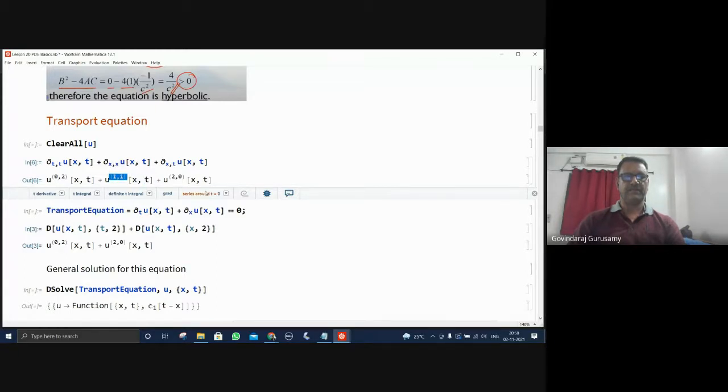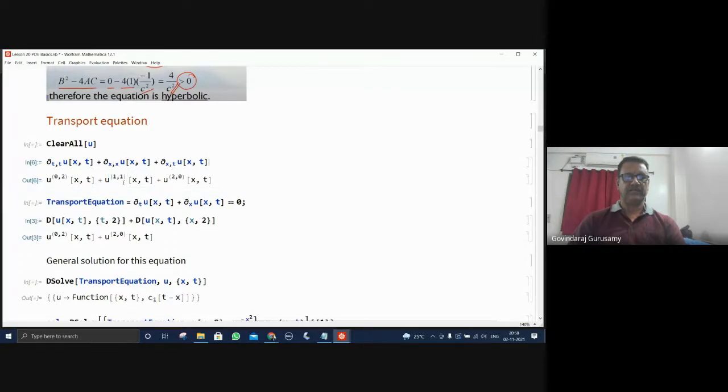That is the cross term. You have to write differentiate with respect to x and t, and you find this must be added here. So once this is clear to you, then everything is clear.